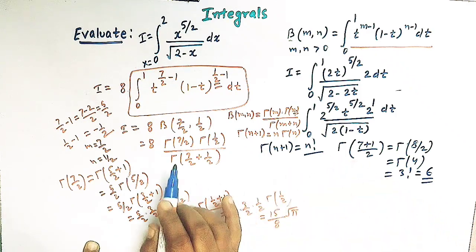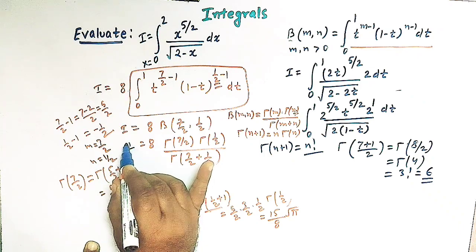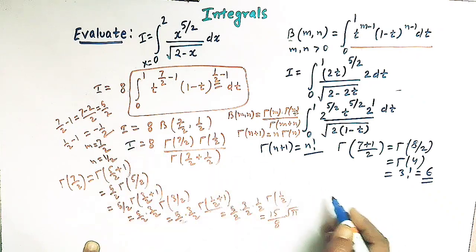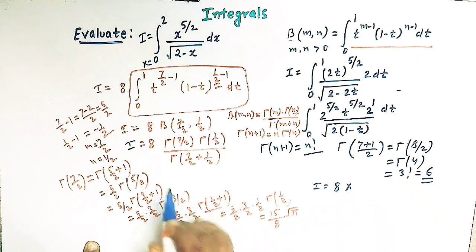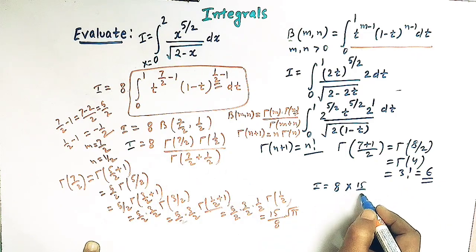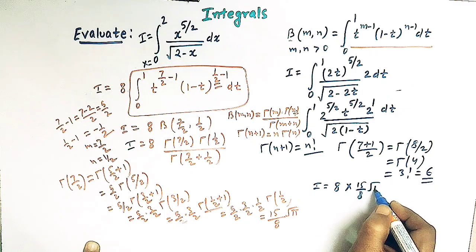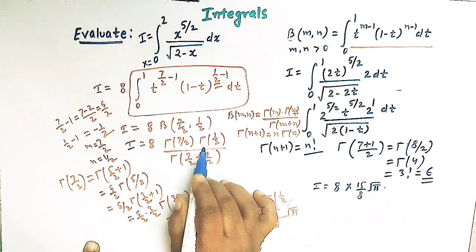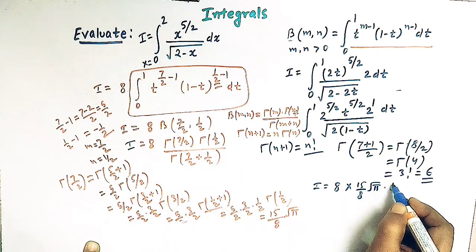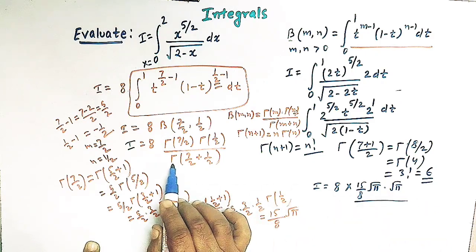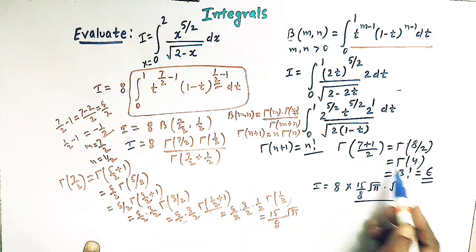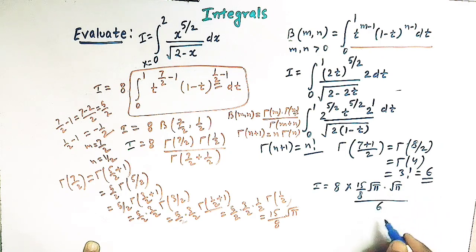So now we can write the value of this integral I as gamma 7 over 2, which is 15 over 8, and here we have root pi, and gamma half is square root of pi, divided by this expression, and this is equal to 6, right?